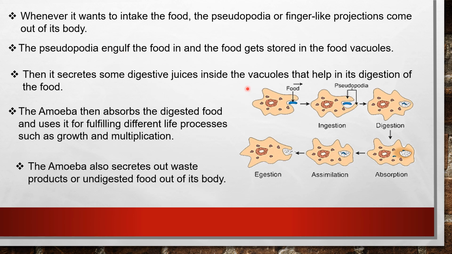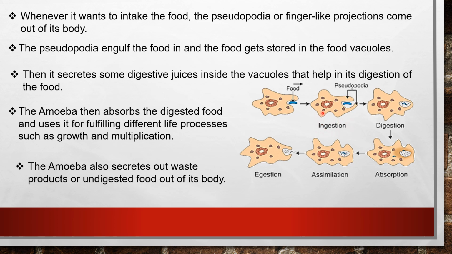So here is the food. The food may be some microscopic organism. So here, when an amoeba senses food, it pushes out pseudopodia, and it is for capturing the food. So that process is called ingestion. That is the first process.